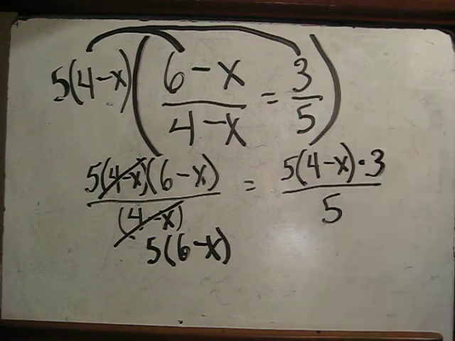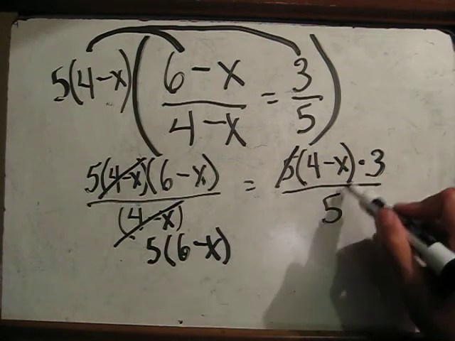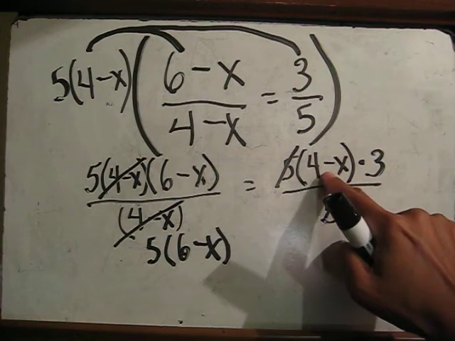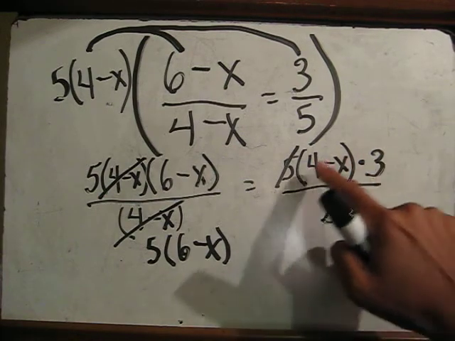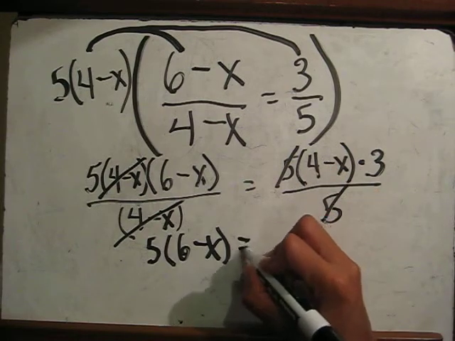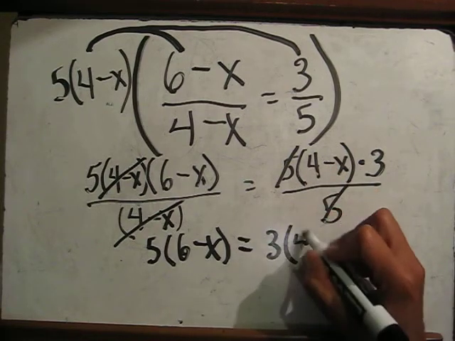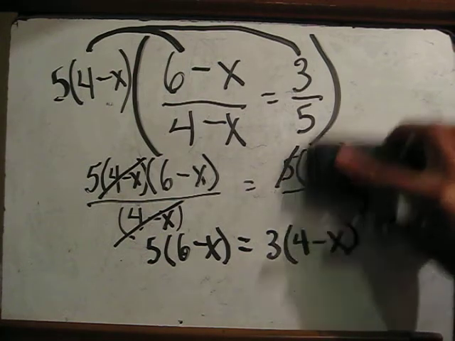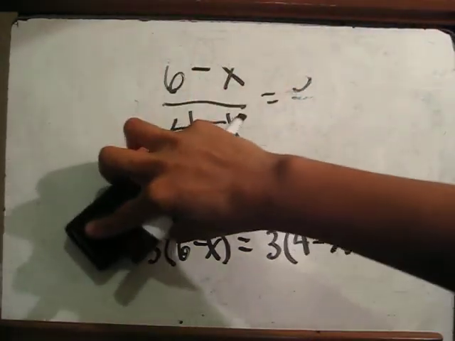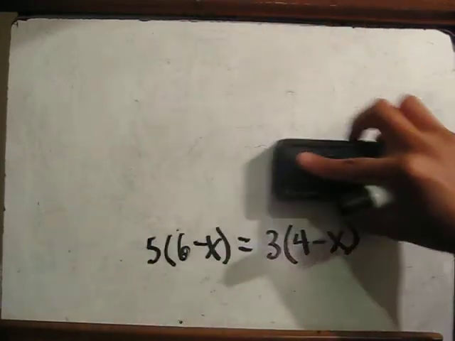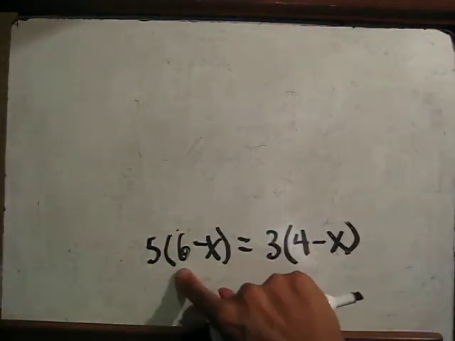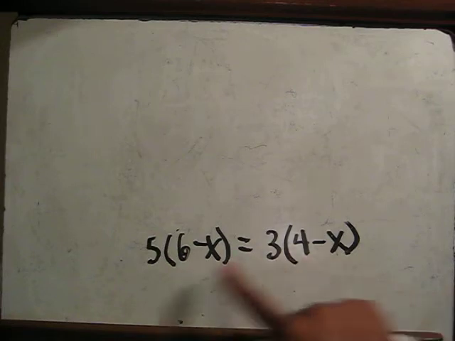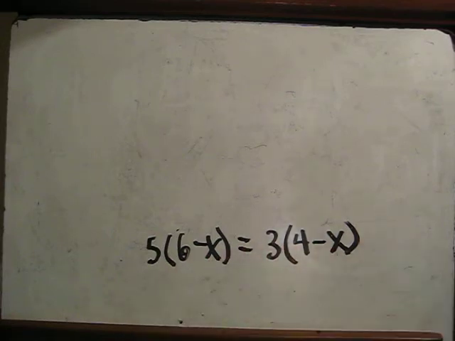Okay, and now we can cancel out those 5's, and now we're just left with 3 times 4 minus x. So I'm going to bring that down. Okay, I'm going to erase this just so it doesn't look so complicated. Now by looking at this, we can see that we've got two distributive properties going on here.